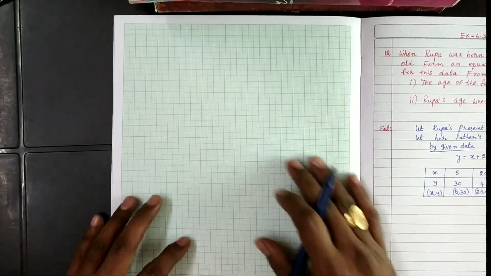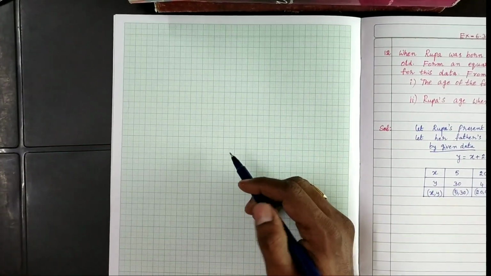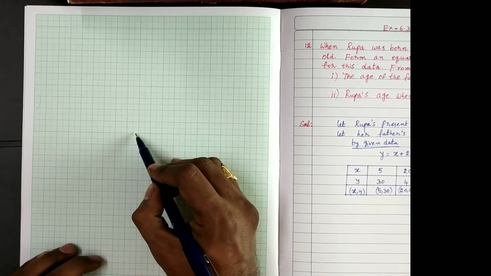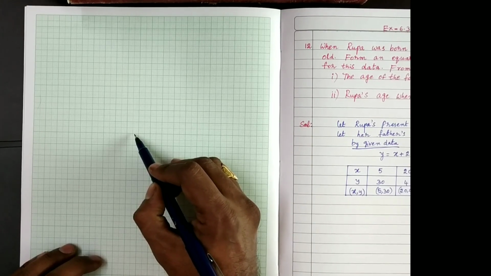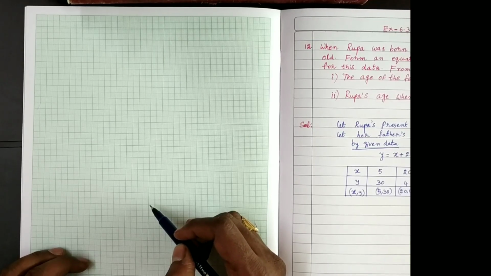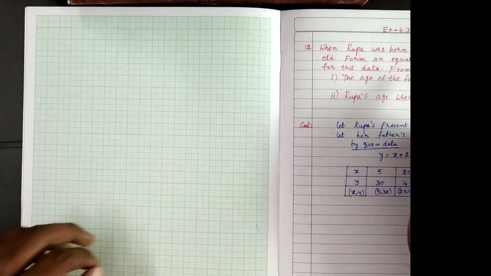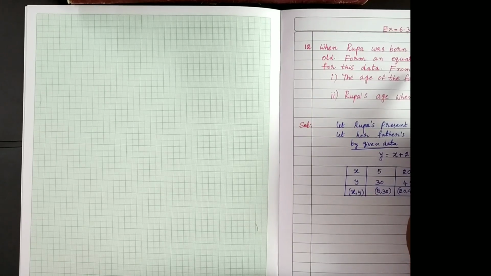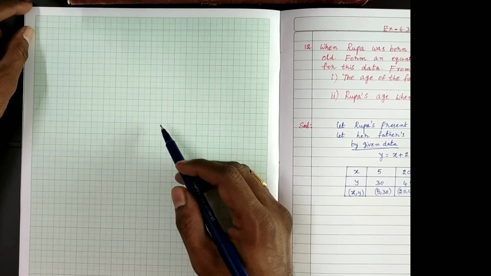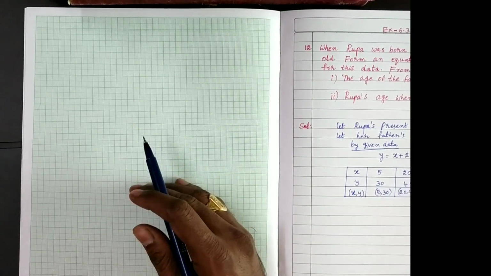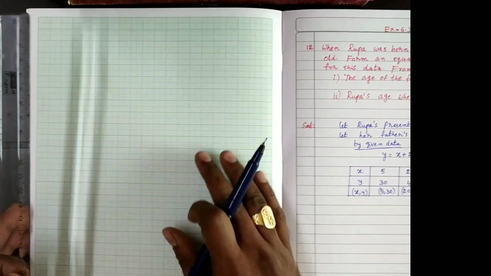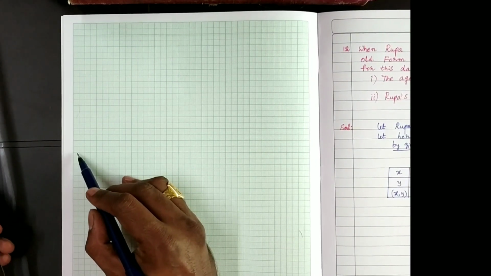This is the graph. In this graph, there are 3 types of lines: dark lines, medium lines and thin lines. So on the dark lines, take the x-axis and y-axis. In this given problem, age can never be negative. So you take the x-axis and y-axis at the corners. Just leave 2 centimeters. This is 1 centimeter.